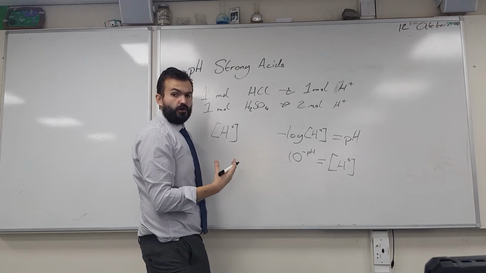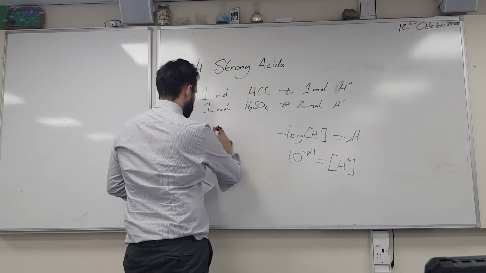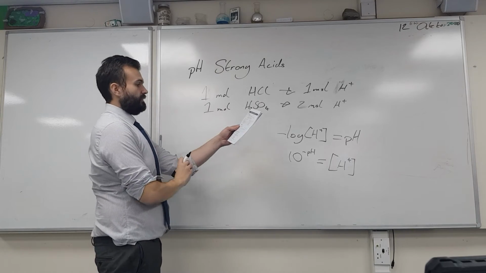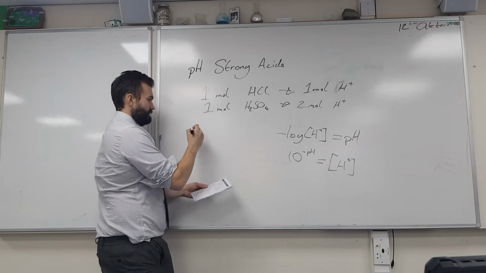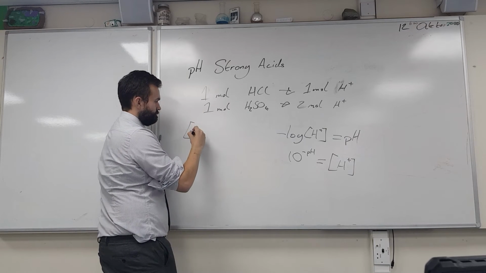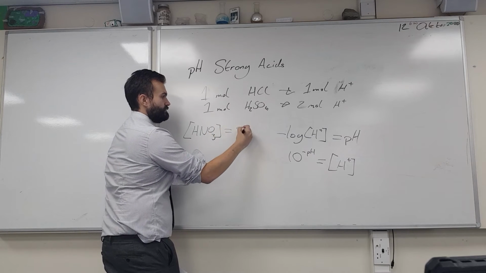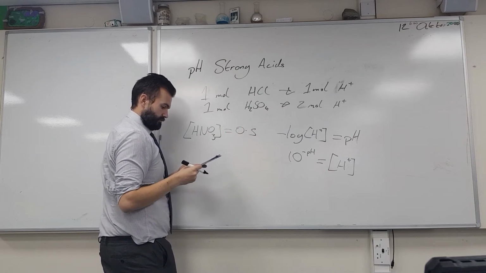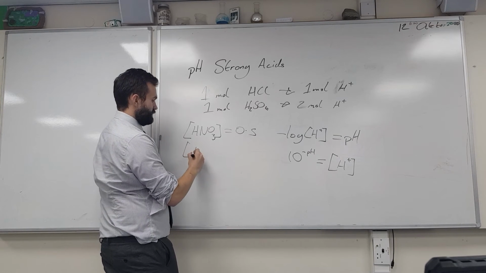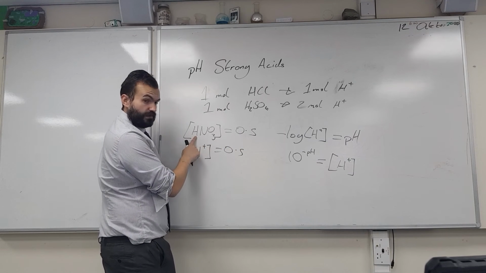It's actually relatively simple. Looking at the example, let's say the concentration of HNO3 is 0.5. That means our concentration of H+ is also 0.5 because it's monoprotic.